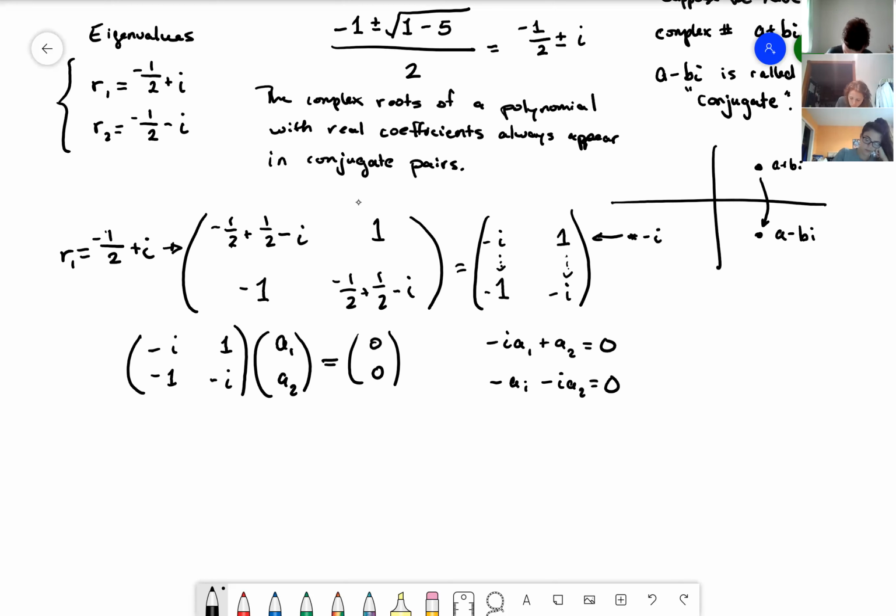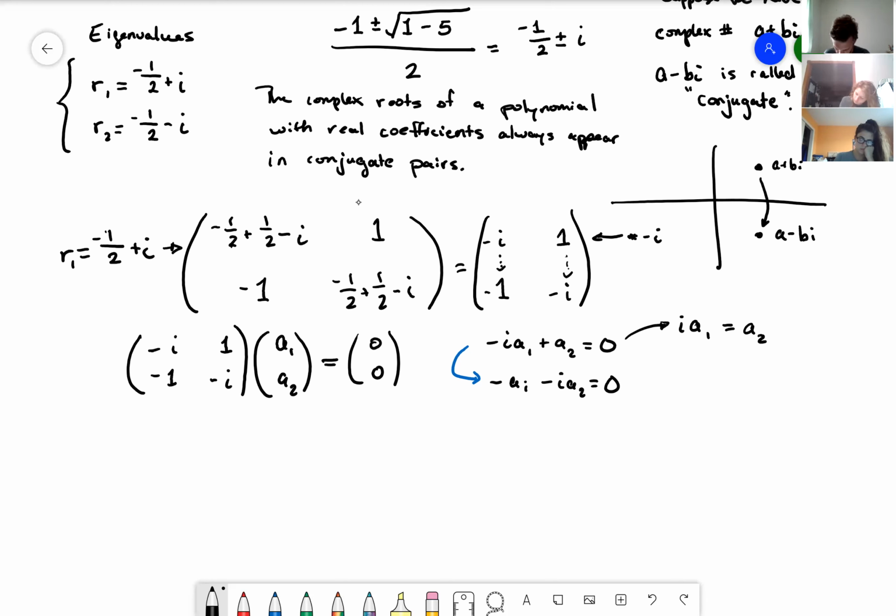And of course, just like we showed a second ago, the second equation is just a rewriting of the first equation. We're just multiplying both sides by -i. So it doesn't change the things that satisfy that equation. Now we've got an equation and 2 unknowns, a single equation, essentially, because one is just a rewriting of the other. And so we're going to have one arbitrary variable, and then the other one will be determined in terms of it. So if I rewrite this one, I get i times a1 equals a2.